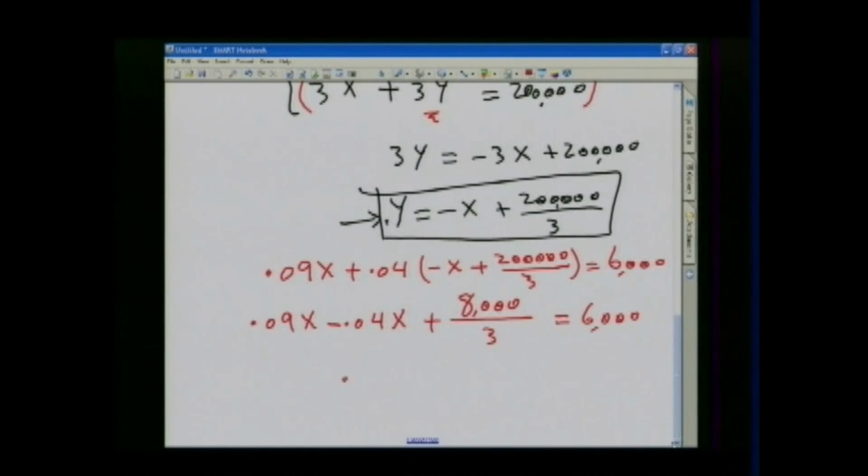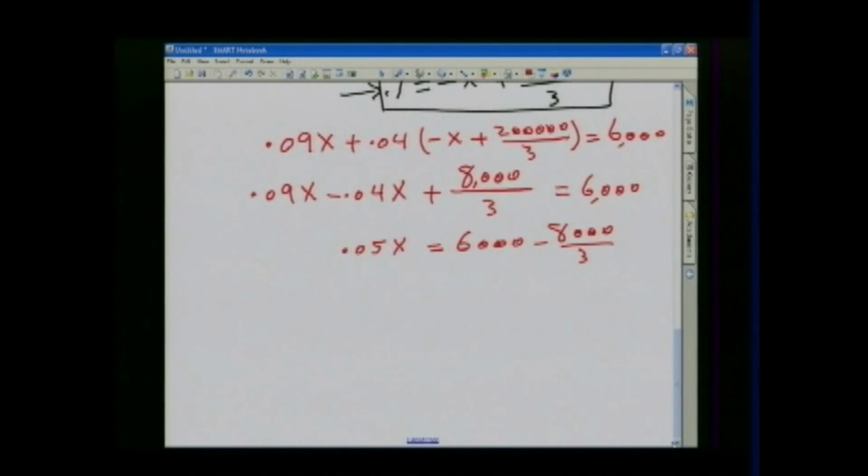Therefore, 0.05x equal 6,000 minus 8,000 divided by 3. Therefore, 0.05x equal to, the common denominator is 3, 18,000 minus 8,000, so that is 10,000 divided by 3.